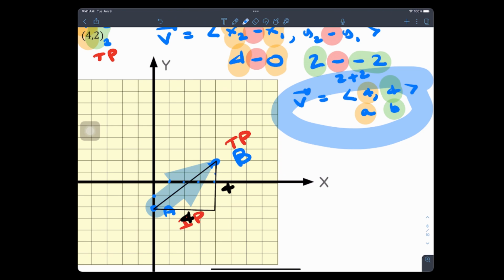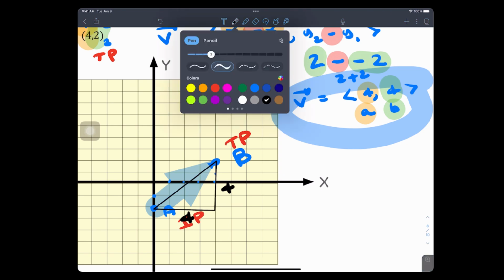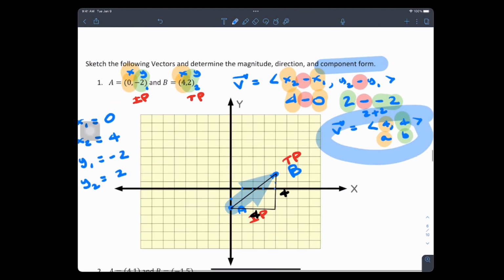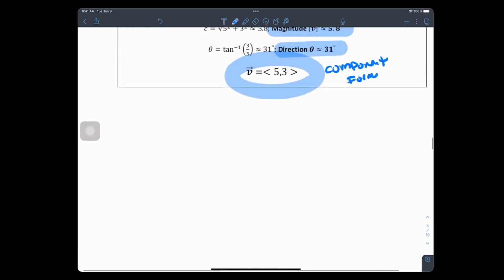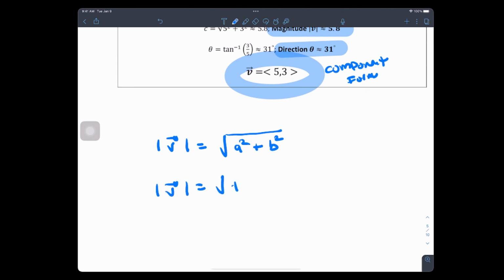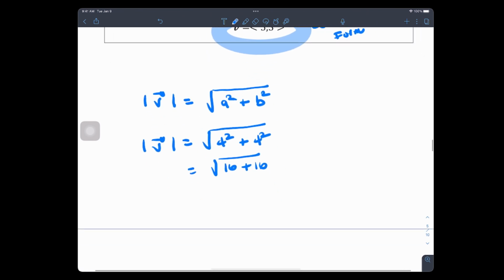So you might say, well, how do I find the length of this? Well, what do you guys think? How do you find the length? Sometimes they'll write it this way. The length of the vector is the square root of that what? A squared plus B squared. So the length of this vector is the square root of what? 4 squared plus 4 squared. 16 plus 16.